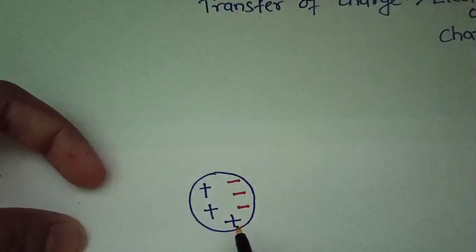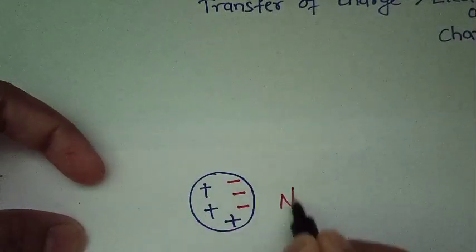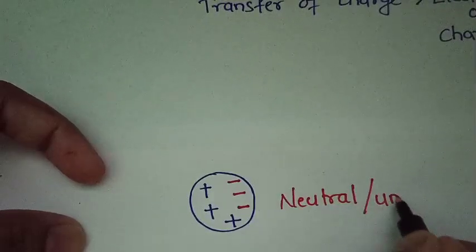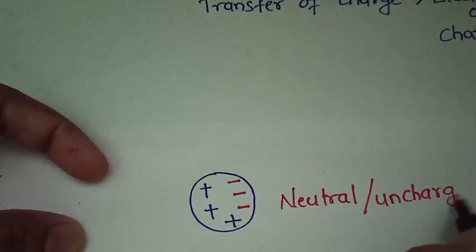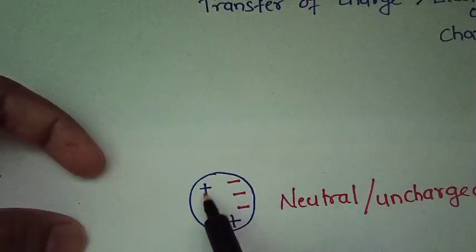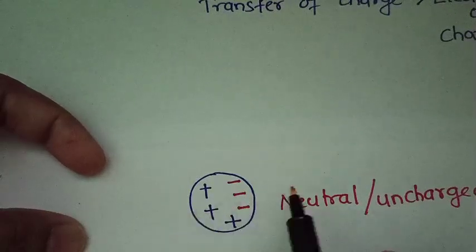Assume this is a body. Right now this body is a neutral body, or we can say an uncharged body, because here the number of positive charges and the number of electrons are the same.